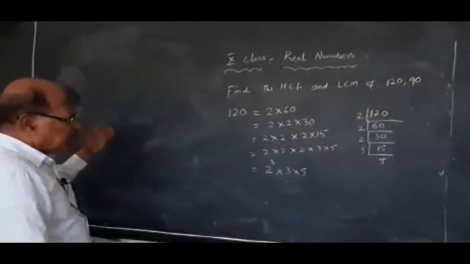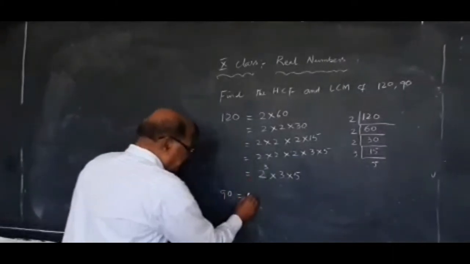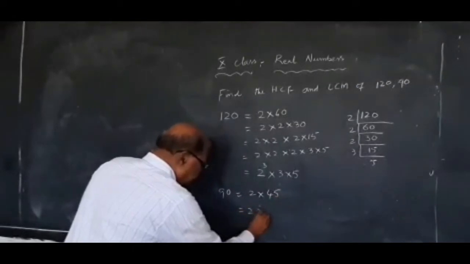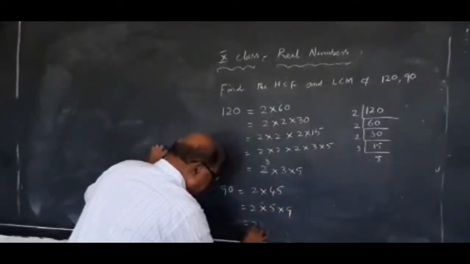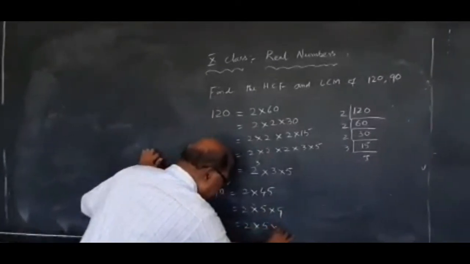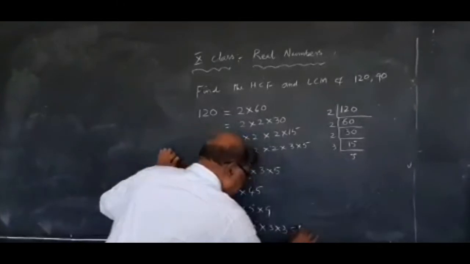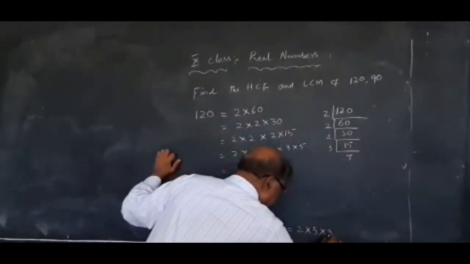Now take 90. 90 is 2 into 45, 2 into 5 into 9, 2 into 5 into 3 into 3. So this can be written as 2 into 5 into 3 square.